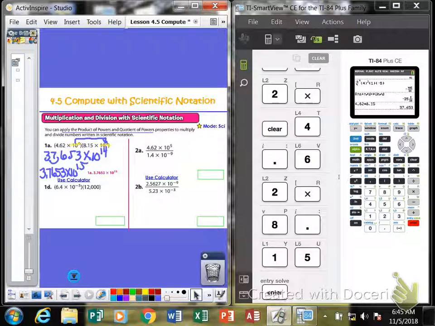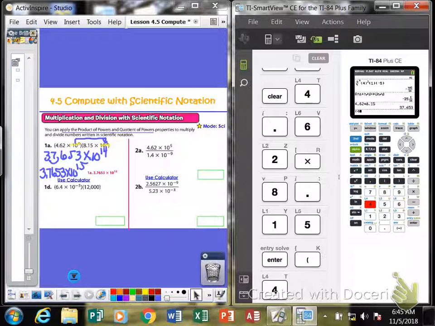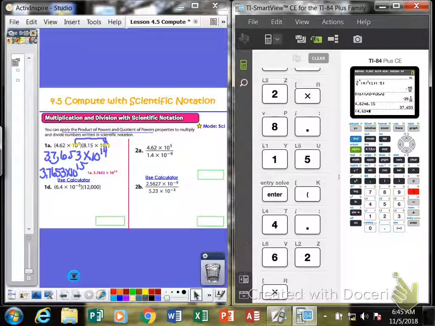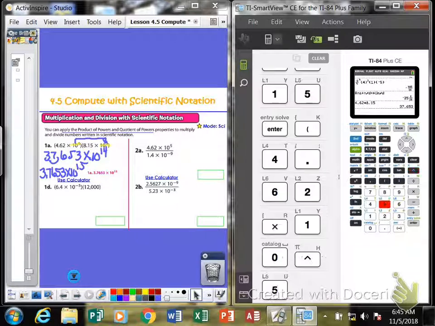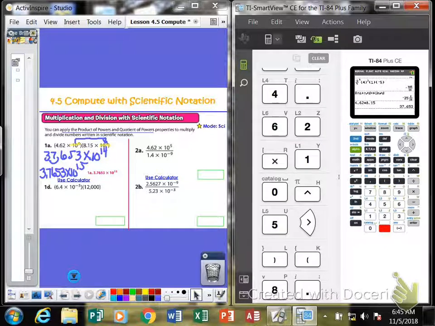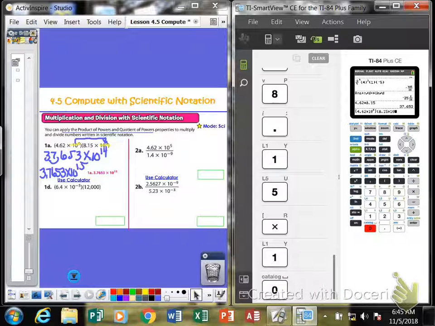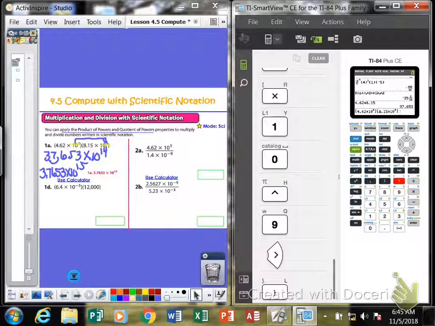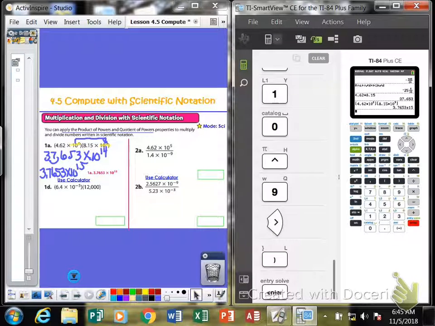Now, if we use a calculator, I'm going to do both of these with a calculator. If I type the first one in, parenthesis, 4.62 times 10 raised to the power of 5, arrow out, close the parenthesis, and then parenthesis 8.15 times 10 to the power of 9, arrow out, close the parenthesis, and hit enter, we get 3.7653E15.